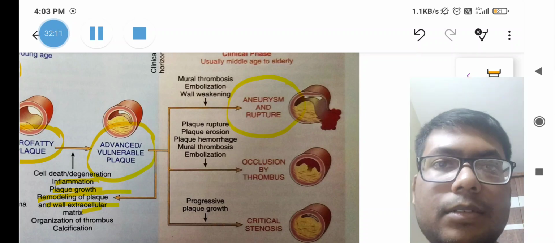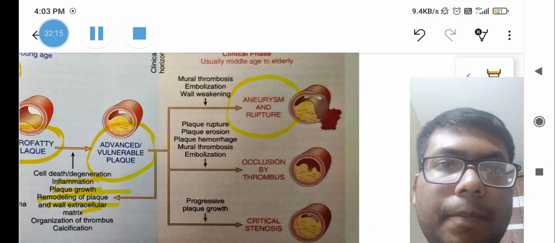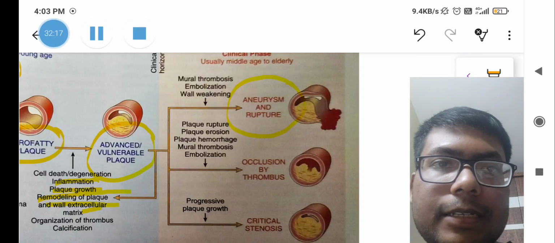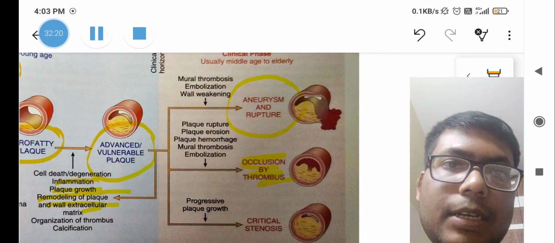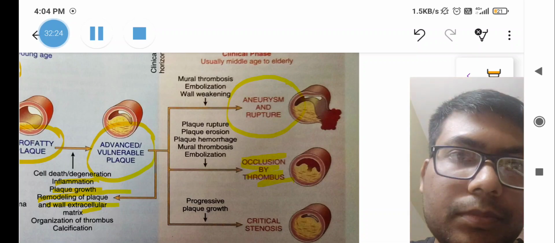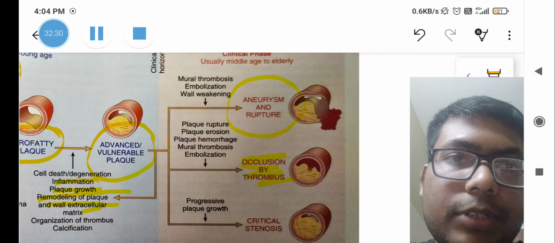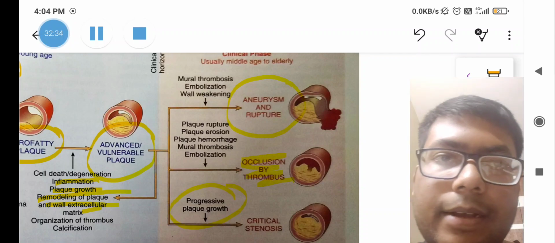If there is rupture, it is very deadly, and then there is occlusion by thrombus. Occlusion by the thrombus, the whole blood vessel is occluded. And another thing which can happen is the progression of the plaque.